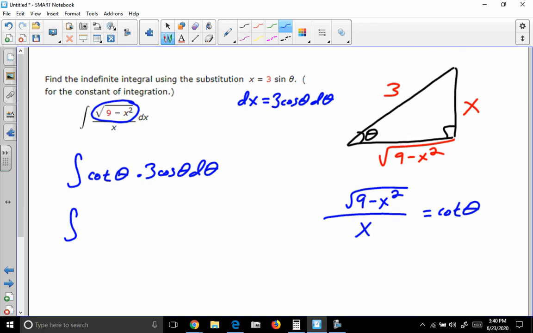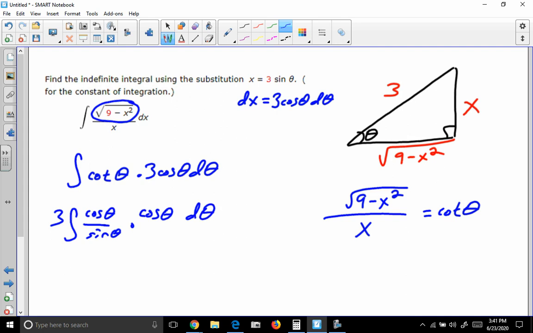Now, let's see if we can simplify this a little bit. Tangent is sine over cosine. Cotangent is cosine over sine. We can pull the 3 out front. I have cosine there. d theta.